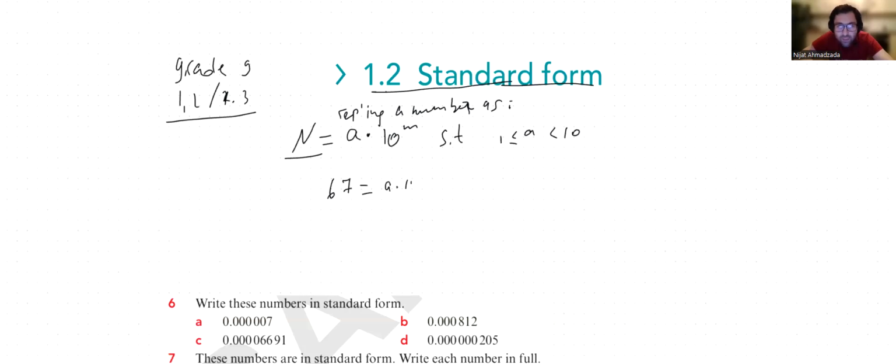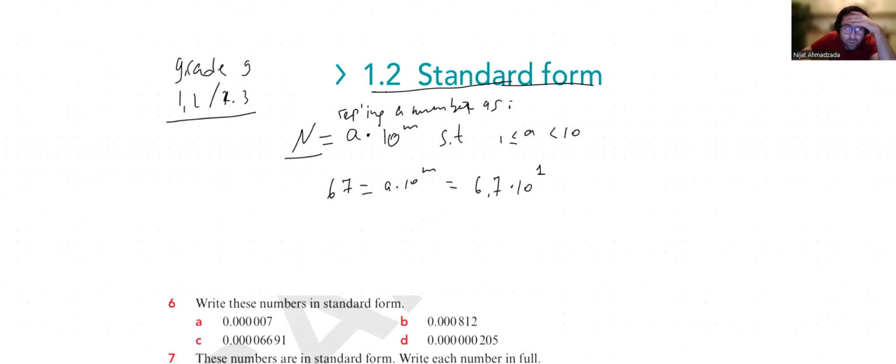So in that case, it will be just 6. Is that 6? Let's think about how the number can be. Something times 10 to the power of something, right? So we can have 6.7 times 10 to the power of 1, which will be 67.